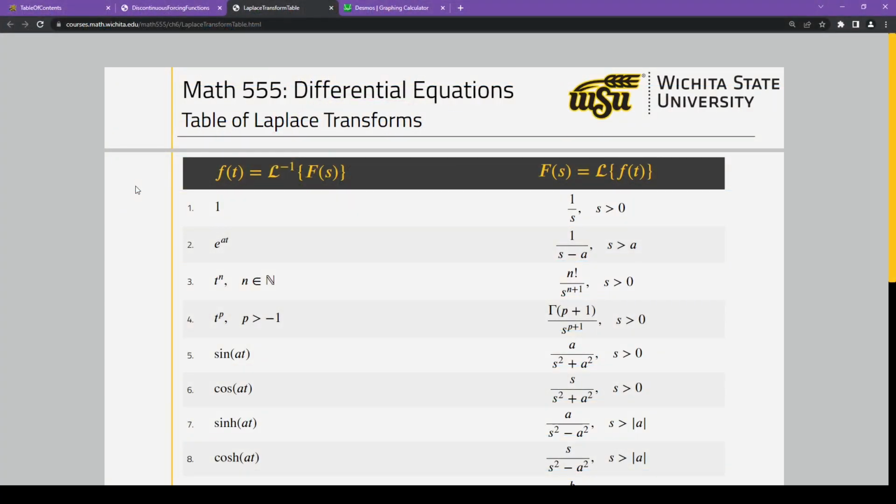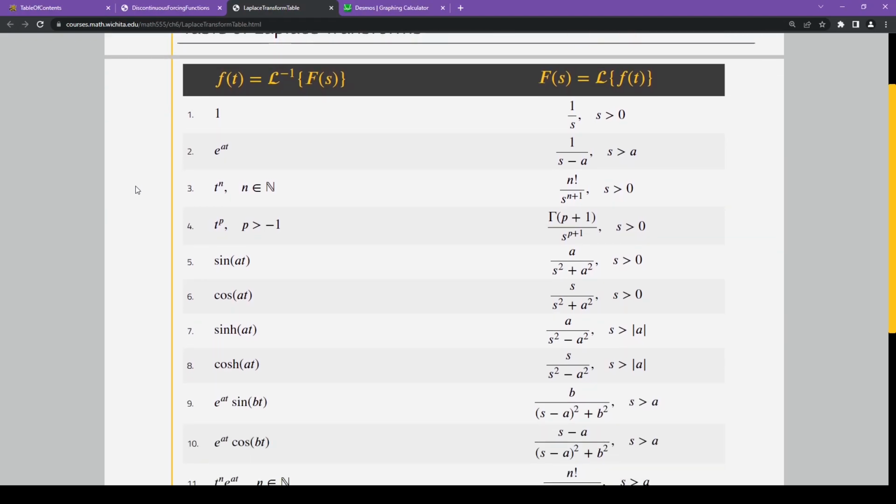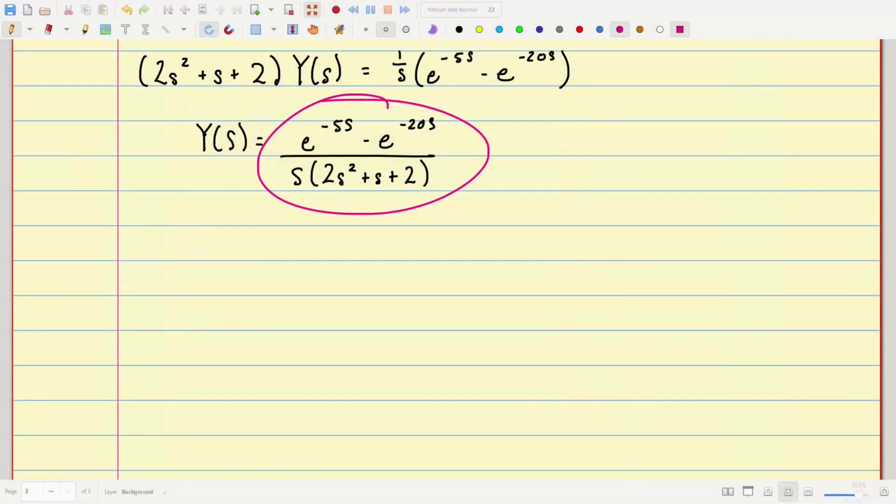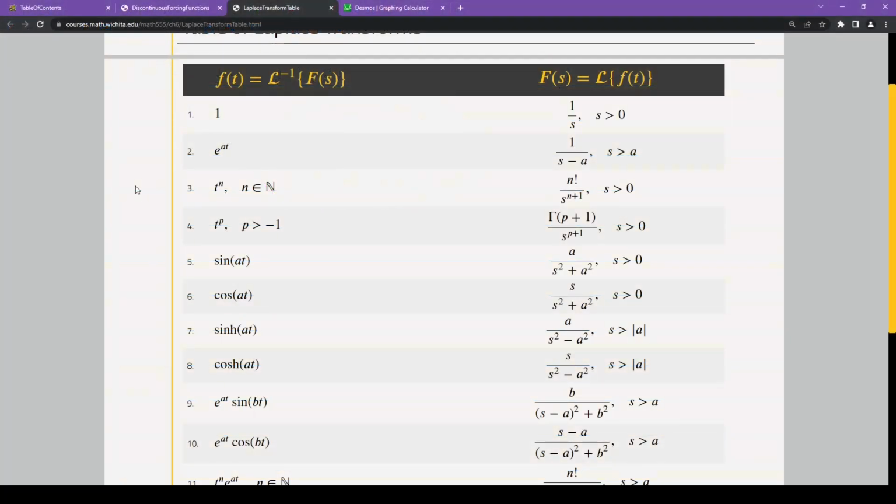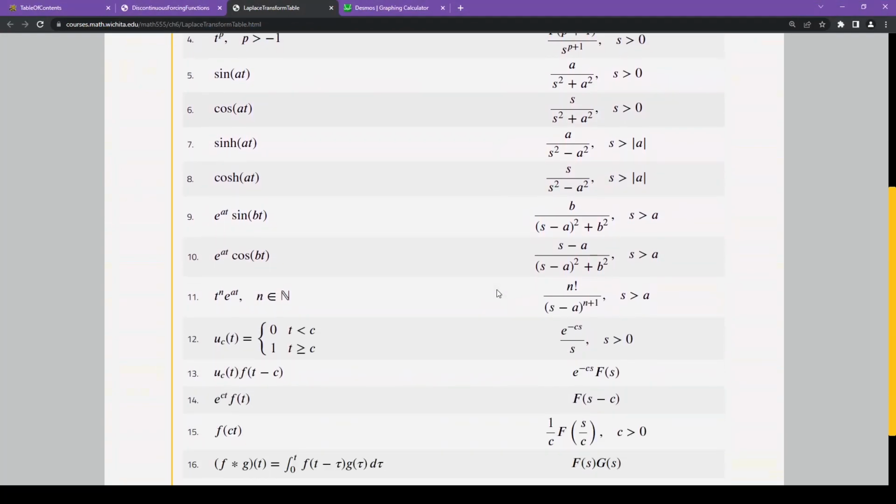I'm going to use the version we have on our notes page. What we have in our expression is stuff in the denominator and then e to a number times s in the numerator. If we scroll down near the bottom of the table, the line that is important to us is line 13.